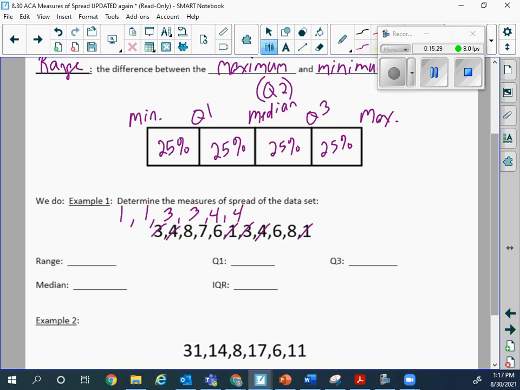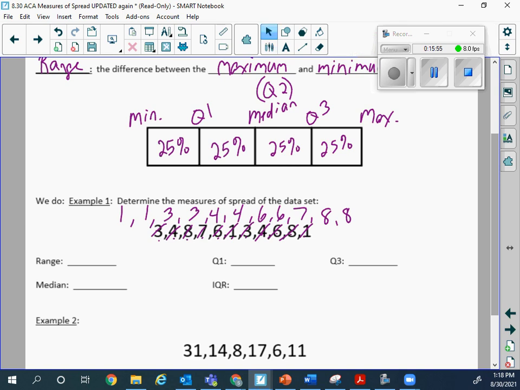Now what? 2 6s. 1 7. And then 2 8s. What did I just count? That's right, to make sure I didn't forget something, okay?